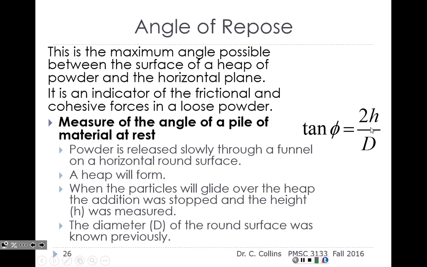You'd measure that angle of repose once you have put down a particular amount of powder. Generally this is done onto some type of balance or weighing device. After you've allowed a certain mass of material to flow, you would measure the angle of repose. Powder is released to a funnel, you form a heap, particles glide over the heap, and depending upon how much they interact with each other as opposed to how much they flow, the heap is taller or smaller.